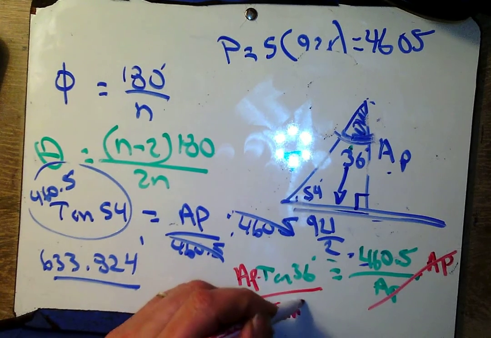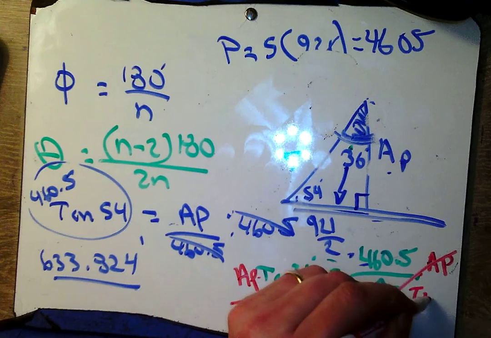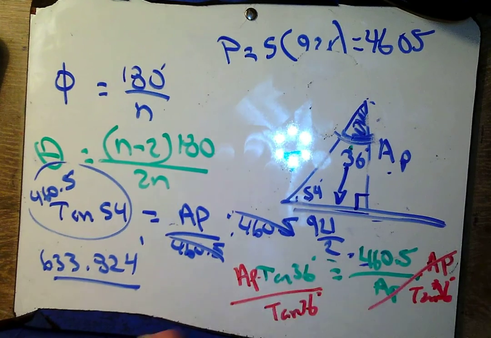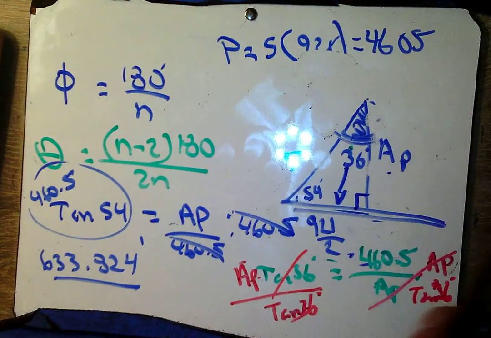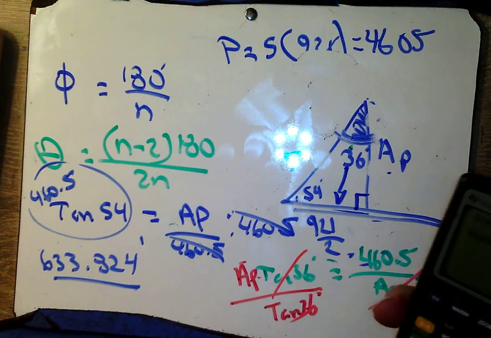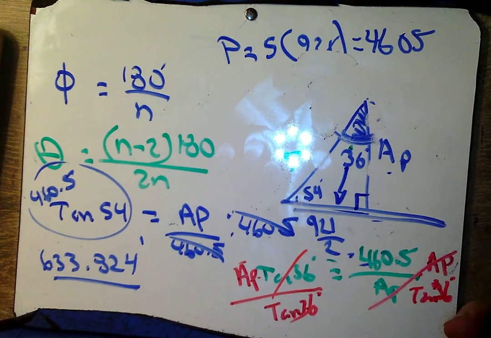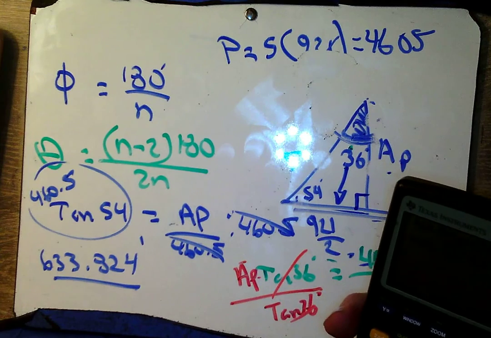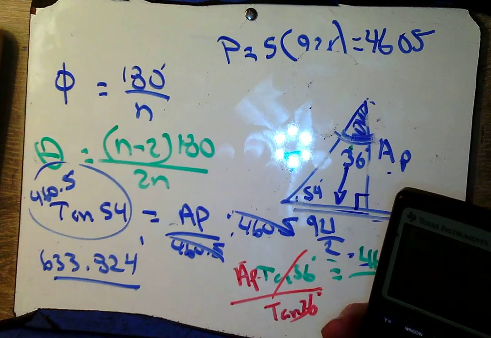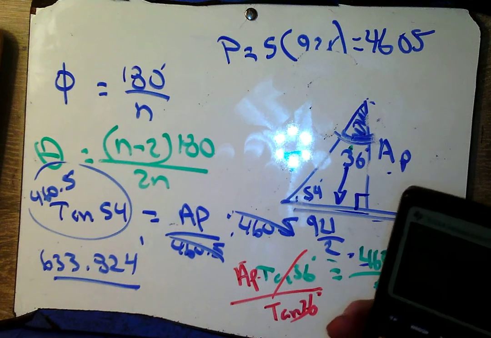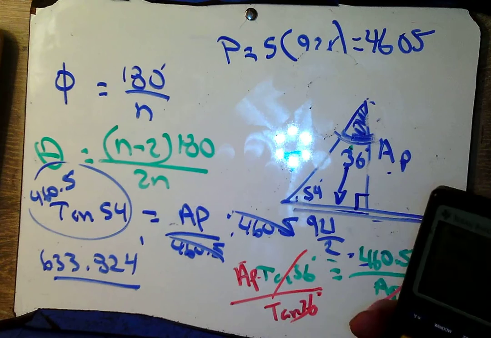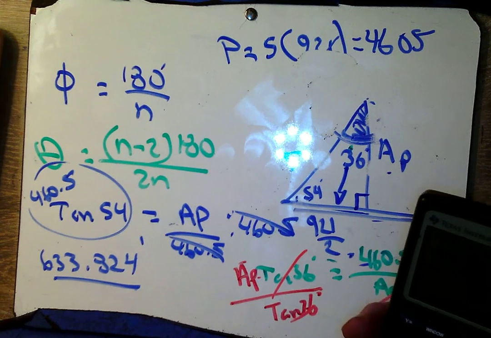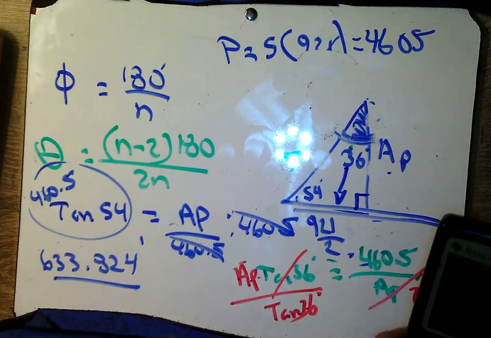So divide by tan 36 to get apothem by itself. And it turns out that 460.5 divided by tan 36 is... 460.5 times tan 36. There we go.